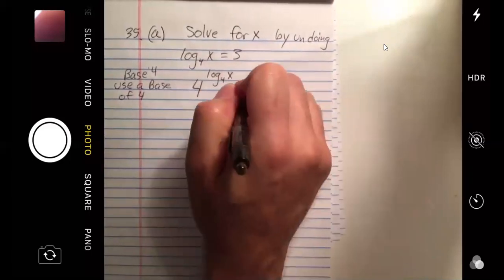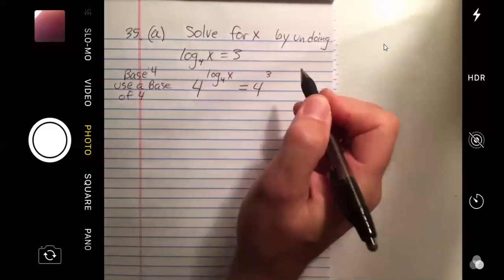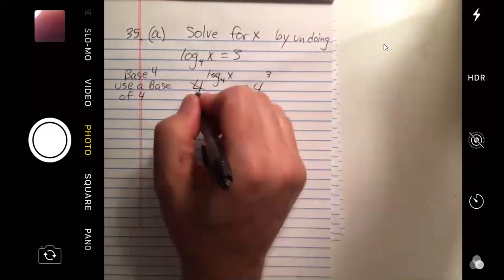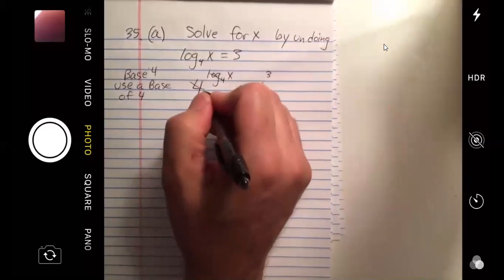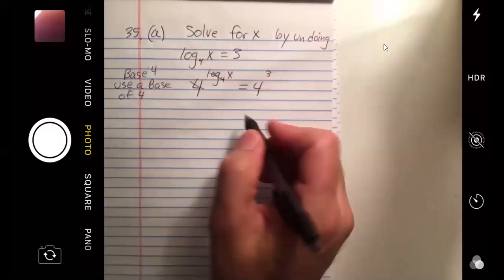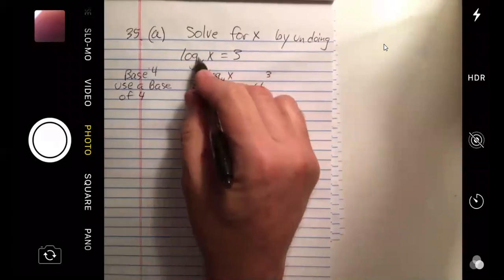And on the other side, you do exactly the same thing. Whatever you do to one side, you do to the other side. These undo, it's like punching the e^x and then the ln. Again, you can't punch this directly with a base 4, but you can treat it like you're punching keys, even though we're not. That leaves the x. You've undone the log base 4.